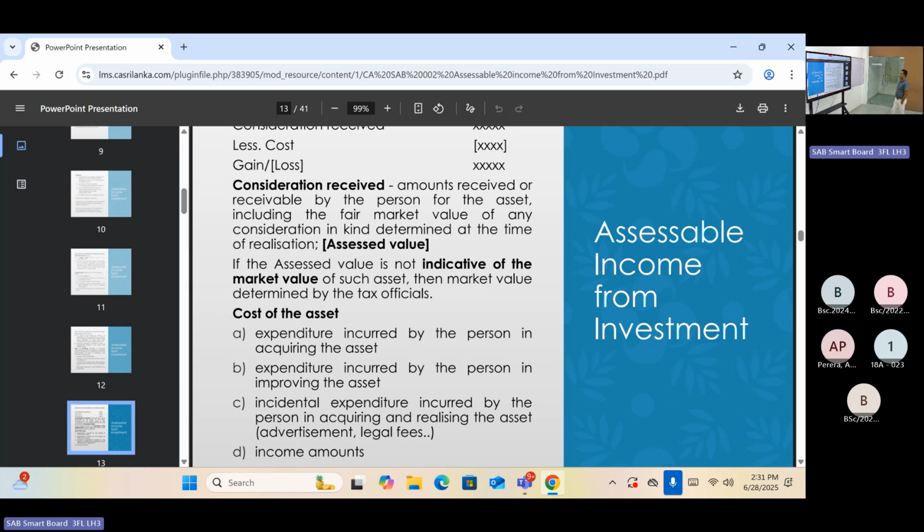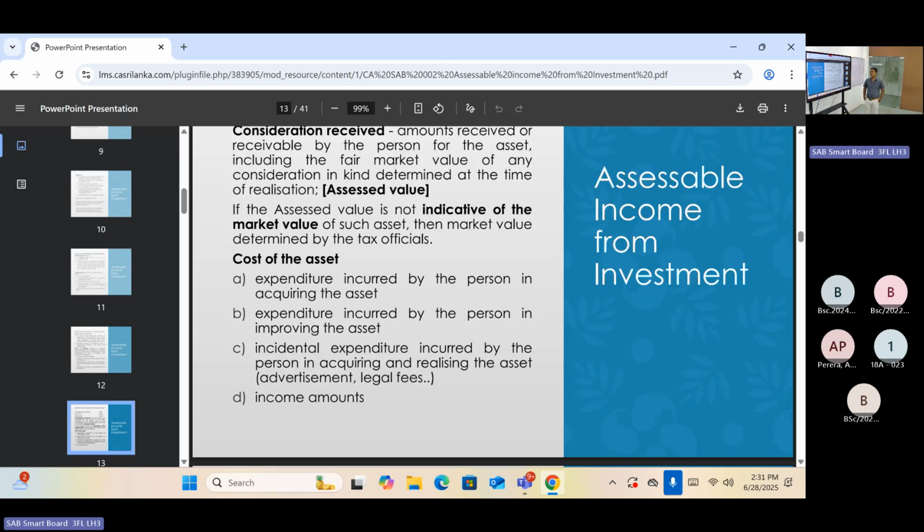Right? So what is the cost of the asset? It says: expenditure incurred by the person in acquiring the asset, which is the purchase cost. Expenditure incurred by the person in improving the asset.